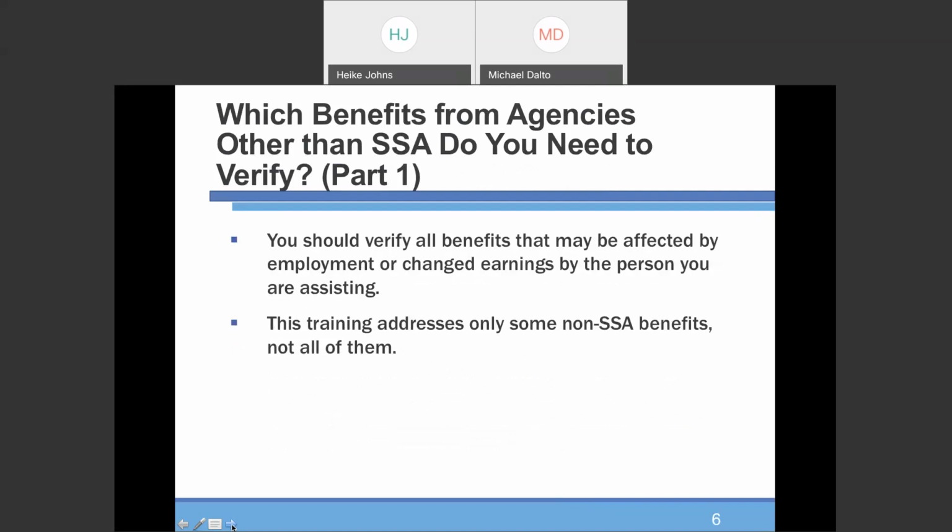So other than benefits from Social Security, which benefits from other agencies do you need to verify? Really, you should verify all public benefits that a person gets that may be affected by work or a change in earnings. However, this training will not address all of those benefits, just some of them.